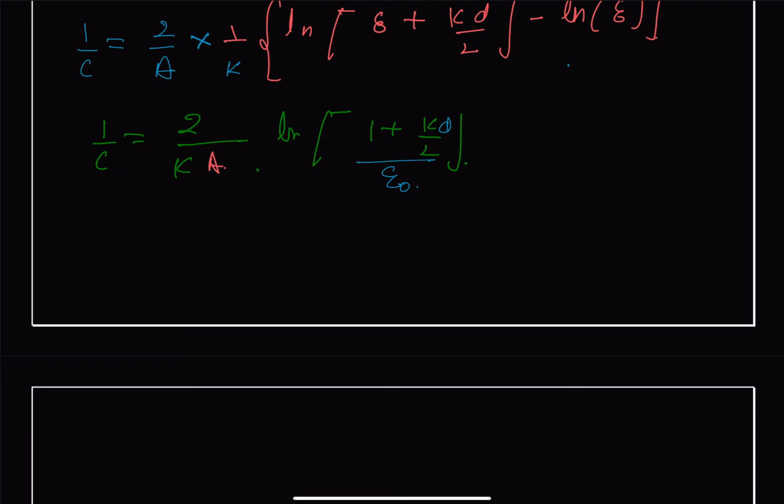So we can say this is equal to, over C is equal to, we can write this as k A divided by 2, 1 upon the natural log of 2 plus k d upon, we can write 2 epsilon naught, divided by 2 epsilon naught.